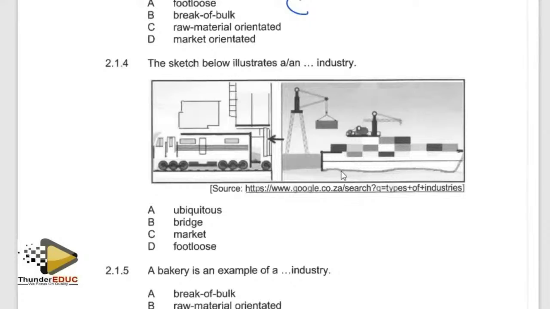So 2.4, I feel this is a bridge because there is change from one mode of transport to another. This is like a truck on the road. This is from offloading from the containers and so on and so forth. This model is like B, which is bridge, which is the break of bulk.